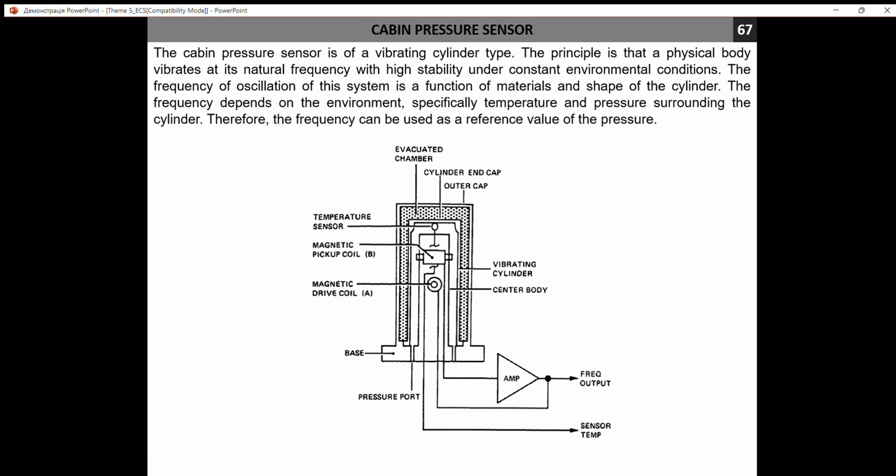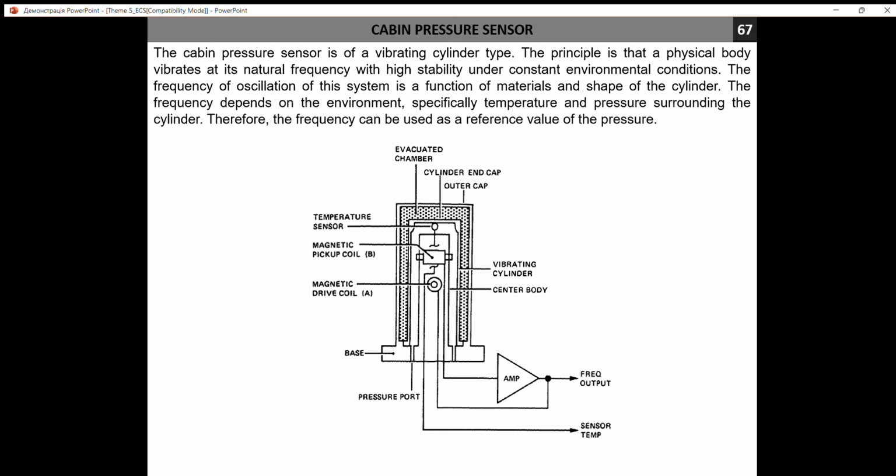For the cabin pressure sensor, we use some special devices. It could be different variants, but here you may see a vibrating device, and inside we have a physical body that is vibrated, and it has its natural frequency. Under these environmental conditions and pressure of the air, it has some predetermined frequency.